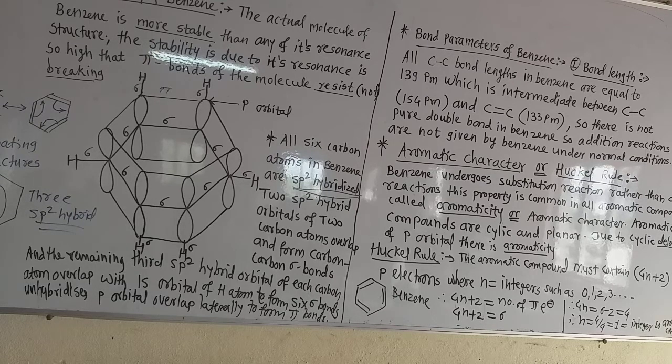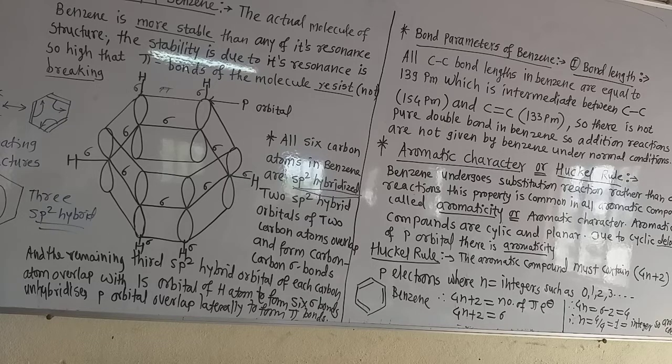intermediate between the carbon-carbon single bond and carbon-carbon double bond lengths. The carbon-carbon single bond length is about 154 picometer and the carbon-carbon double bond length is about 133 picometer. That means this 139 picometer is intermediate between the single bond length and double bond length.